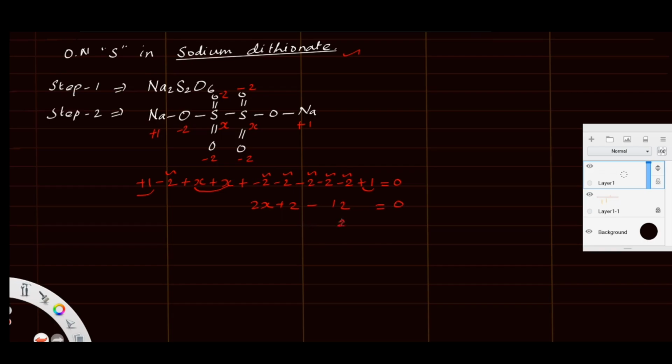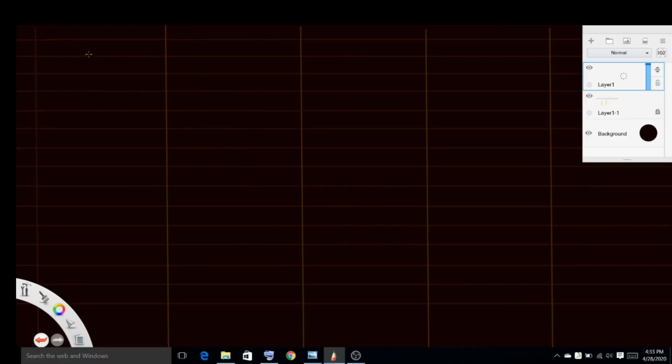This implies 2x is equal to plus 10. So we get x is equal to plus 5. So the oxidation number of the sulfur is plus 5.